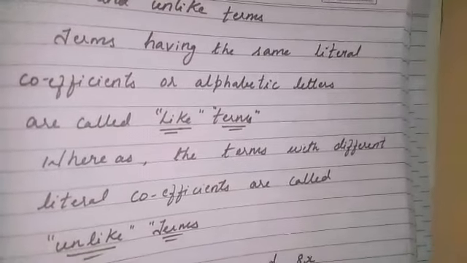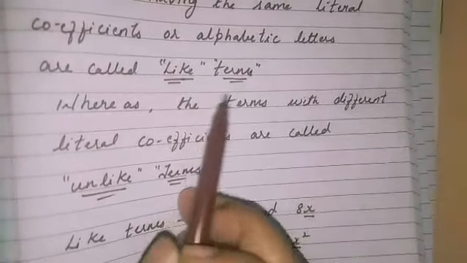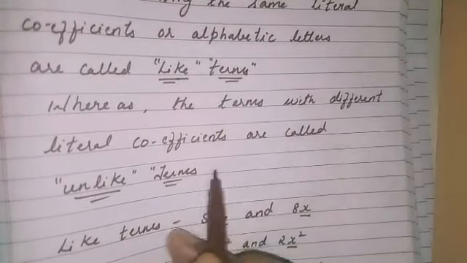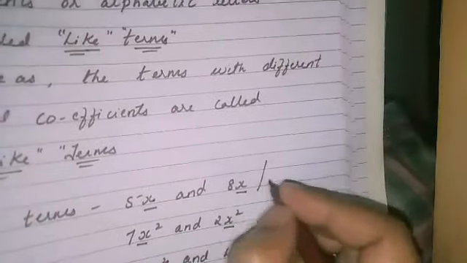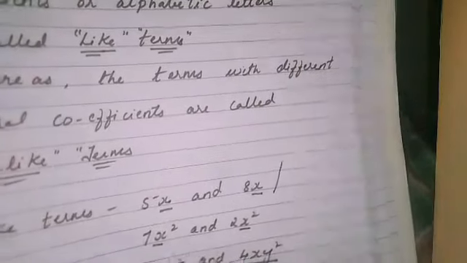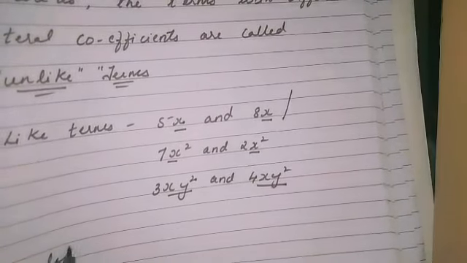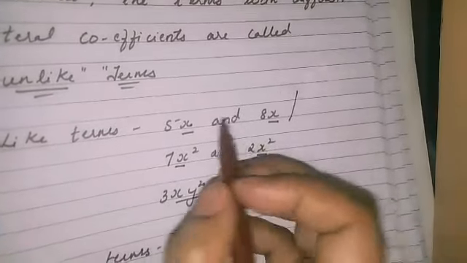Now let's see what the unlike terms are. The terms with different literal coefficients are called unlike terms. Let me write it over here. Unlike terms. Let's take the numbers from this example itself.